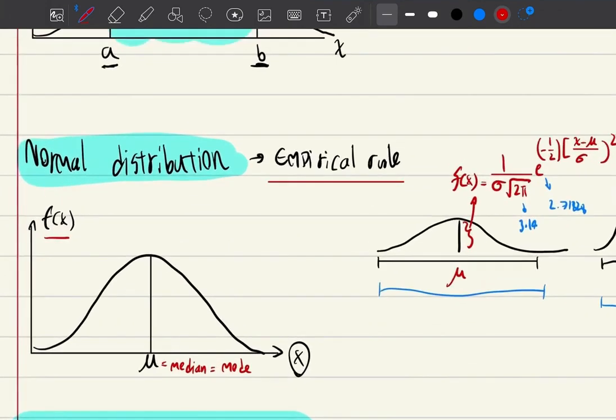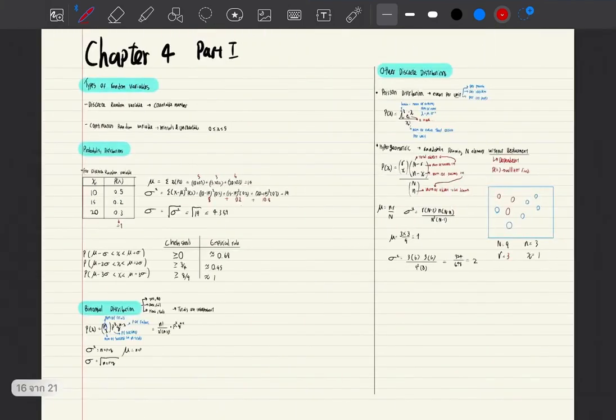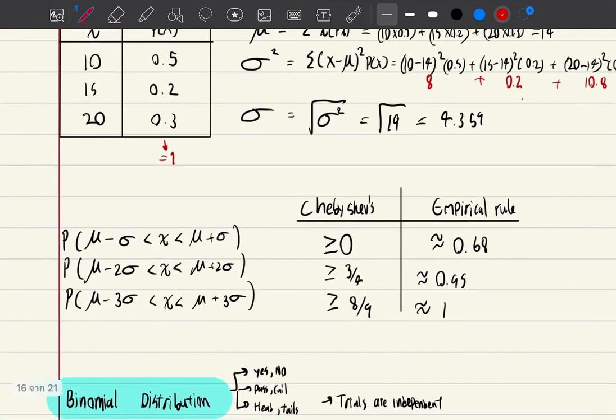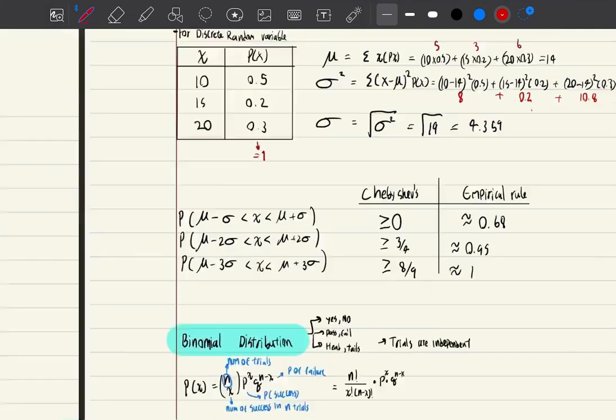For the empirical rule, as you can see, fall within one standard deviation is approximately 0.68, and when we fall within 2 standard deviation is 0.95, and 3 standard deviation is 1.